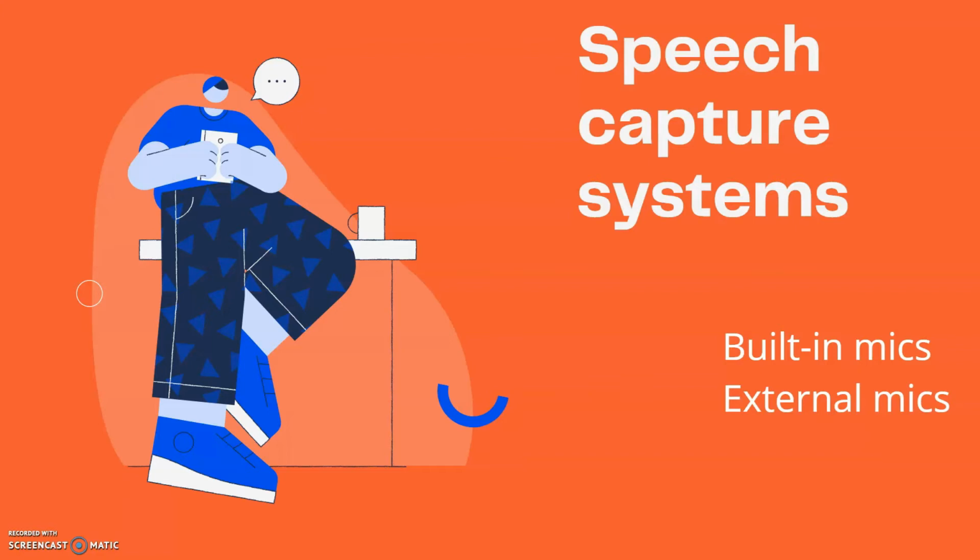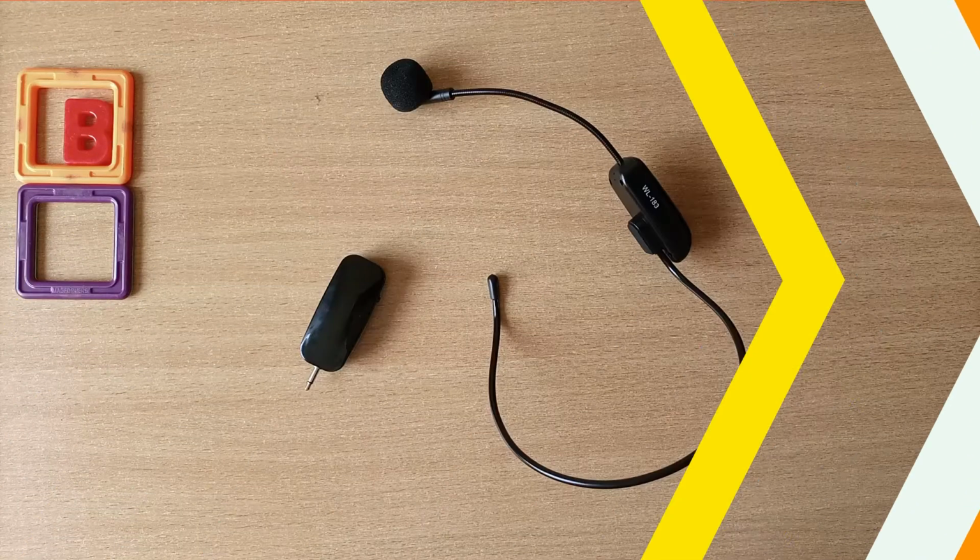So that's where the external microphone speech capture systems come in. With the external microphone systems, you can actually configure them and adjust them in terms of the microphone's distance to your mouth, which is an essential parameter in ensuring that your audio capture is to the perfection that you need, especially in terms of eliminating the background noise.